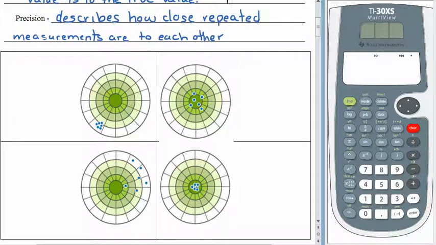At any rate, we have this nice little grouping over here, and this means that things are precise, because all of the results are close together. But they're nowhere close to the center, so these are not accurate.